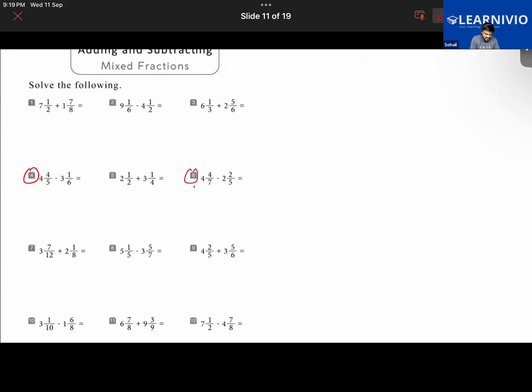Solve question number 6 now. Yes, so we've solved this one. You understood now where you are making the mistake in question number 5. Yes.